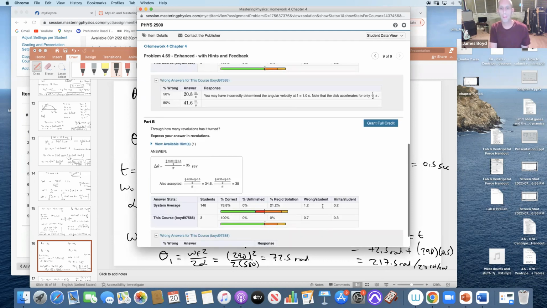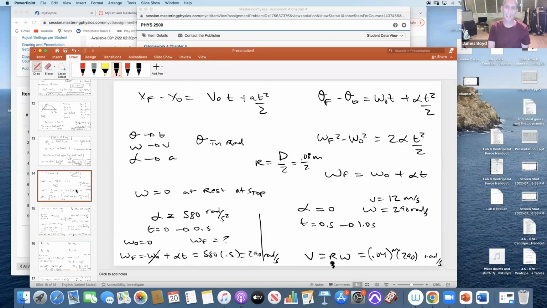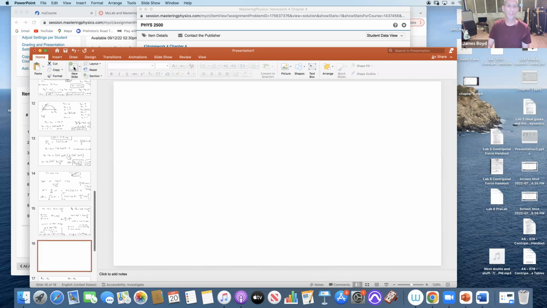All right. These problems are actually super easy because you only have theta final minus theta initial equals omega initial t plus alpha t squared over 2.